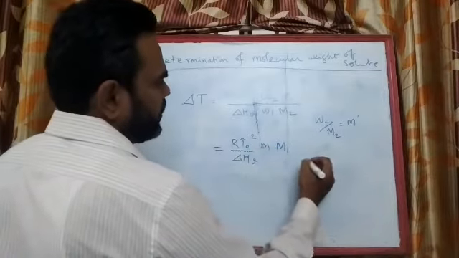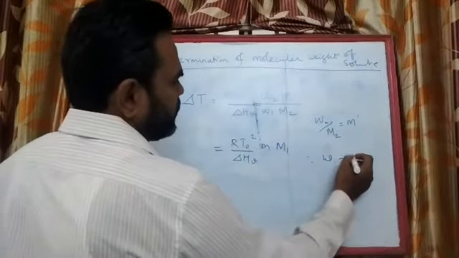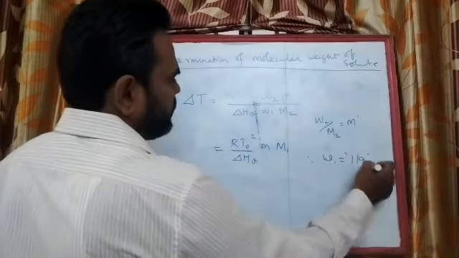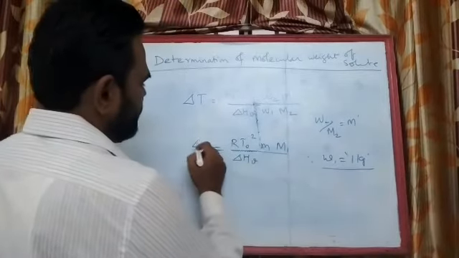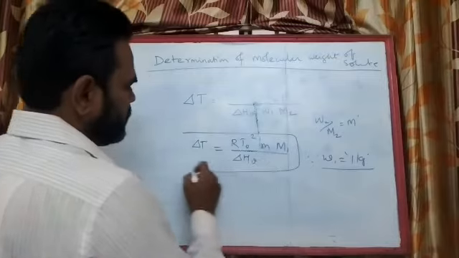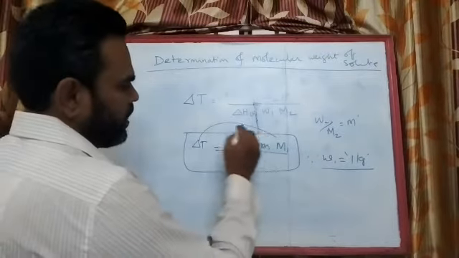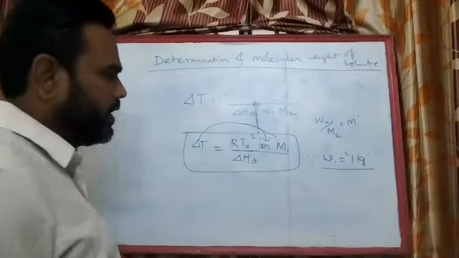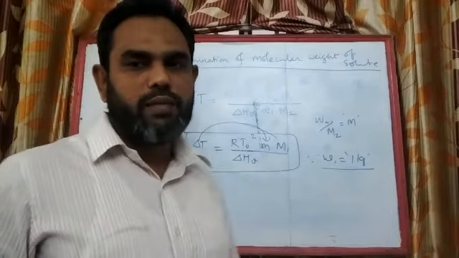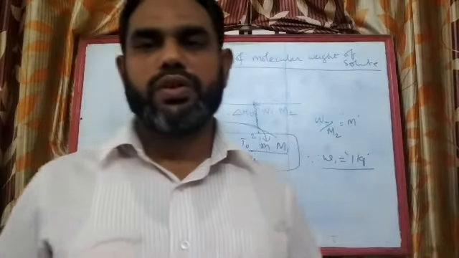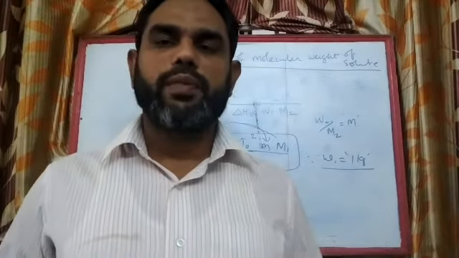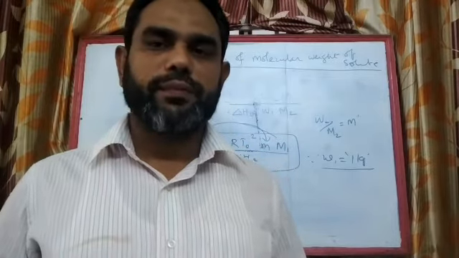When W1 is equal to 1 kilogram, this equation for delta T is valid. So we proved that elevation of boiling point is a colligative property which depends on the number of moles of solute and also on the solvent.